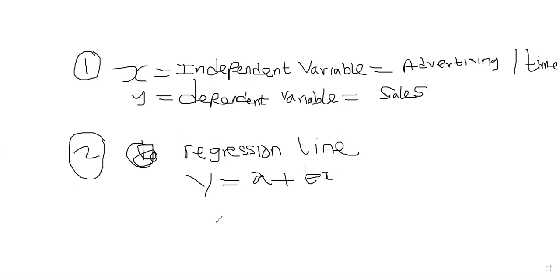So what are we saying here? Our alpha is the intercept. And then we have the beta here, which is the slope. So this is the slope of the regression line. Please take note of this.